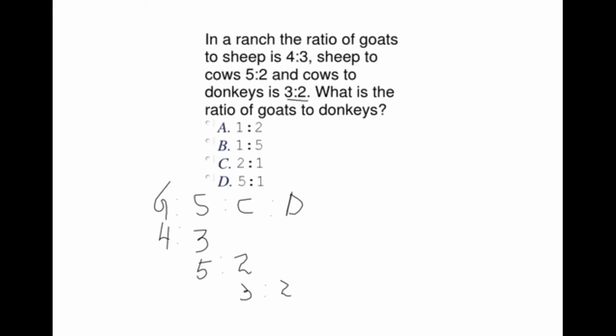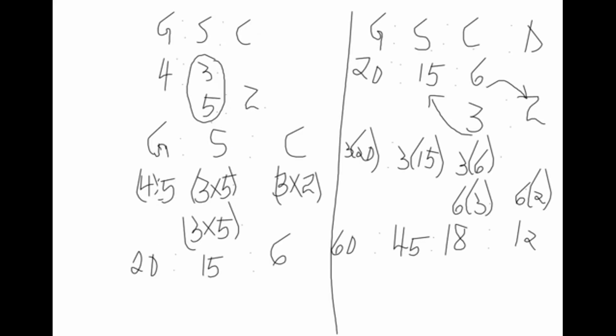So the question was the ratio of goats to donkeys. So we have goats, we have 60, to donkeys we have 12. So goats to donkeys is 60 to 12.